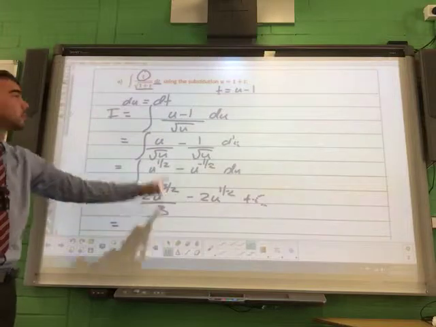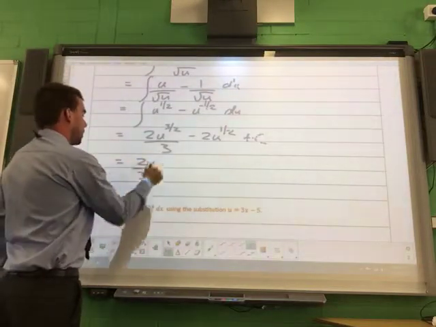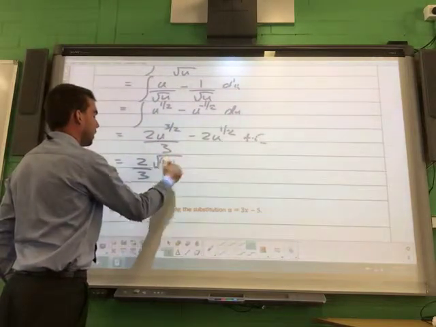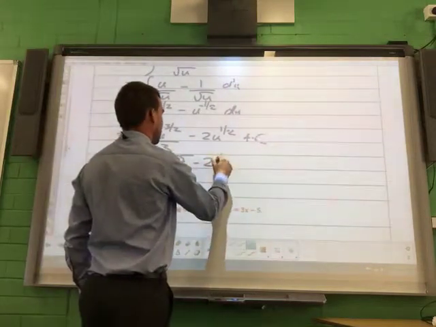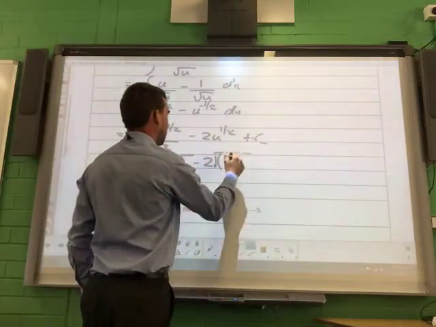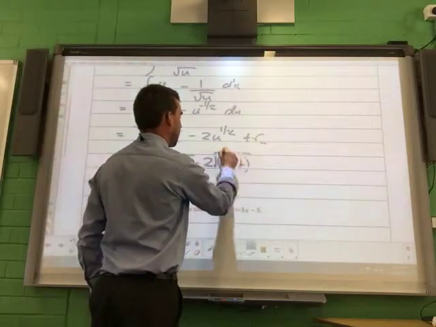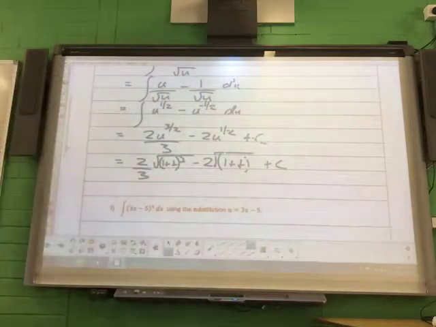So what is it: 2/3 square root of 1 plus t cubed, take away 2, and you don't need the bracket anyway. If I differentiate that, I'll get what I integrated to begin with, so that will be a way to check your answer.